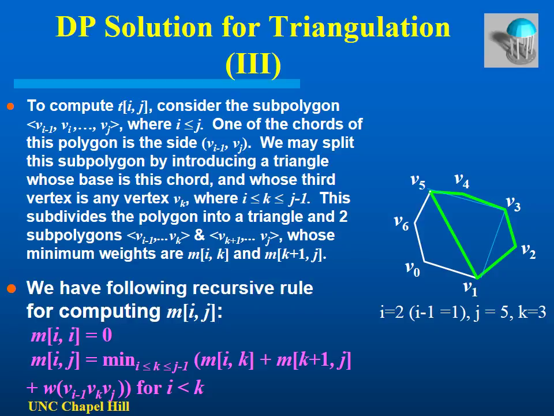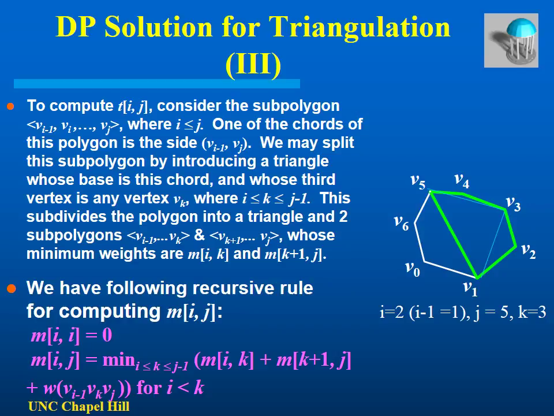We are going to consider the subdivision as follows. To consider the total triangulation of a subpolygon that goes from v sub i minus 1 to v sub j, we will introduce a triangle that goes between this chord, v sub i minus 1 to v sub j, in the example v sub 1 to v5, and any one of the other vertices in that subpolygon.